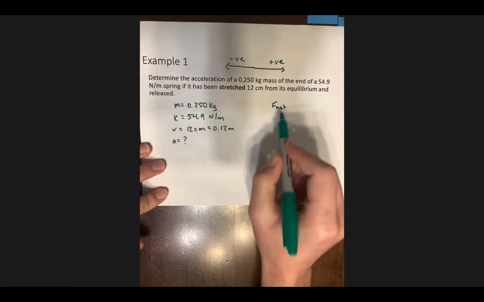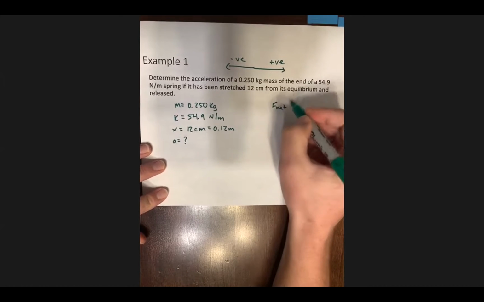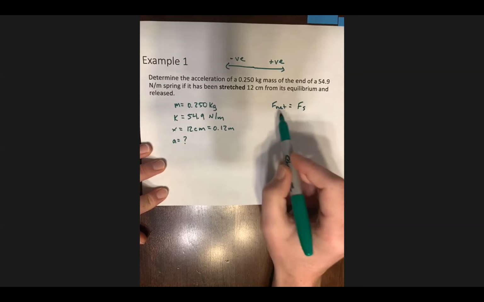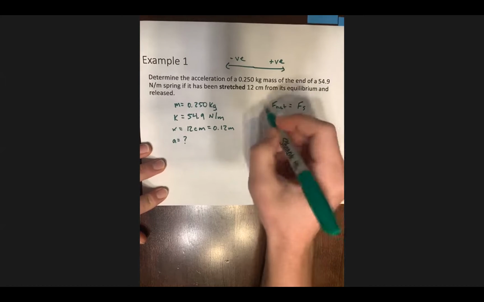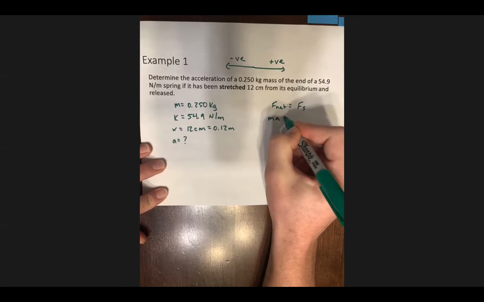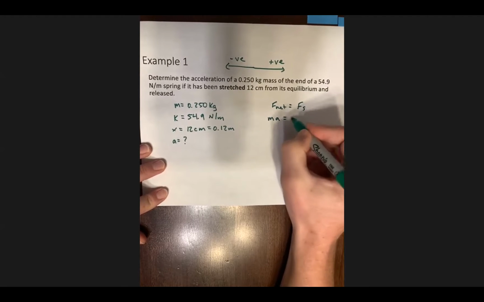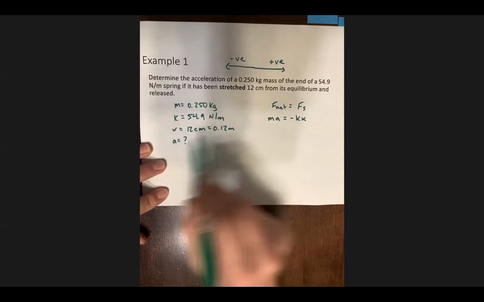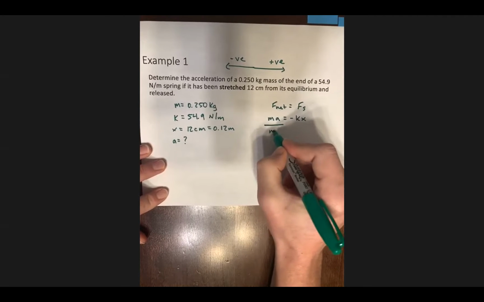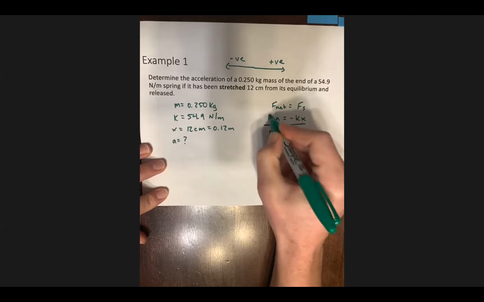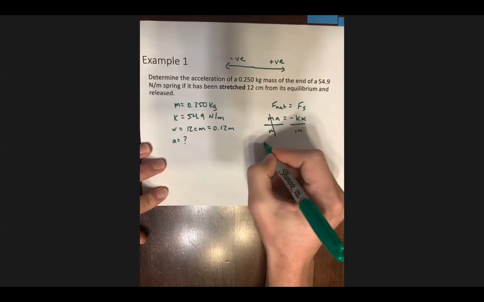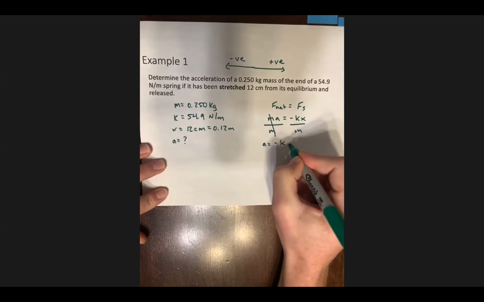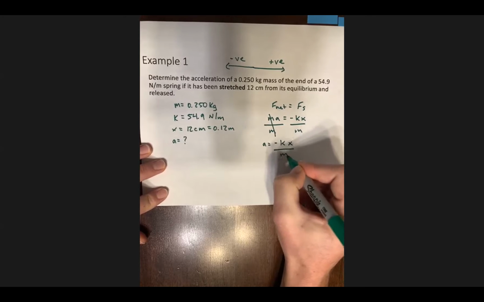From our formula sheet, we can expand this: F net is equal to ma, and the restoring force is equal to negative kx. We are looking for the acceleration, so let's divide both sides by m. Now we have a isolated, so acceleration is equal to negative kx over m.